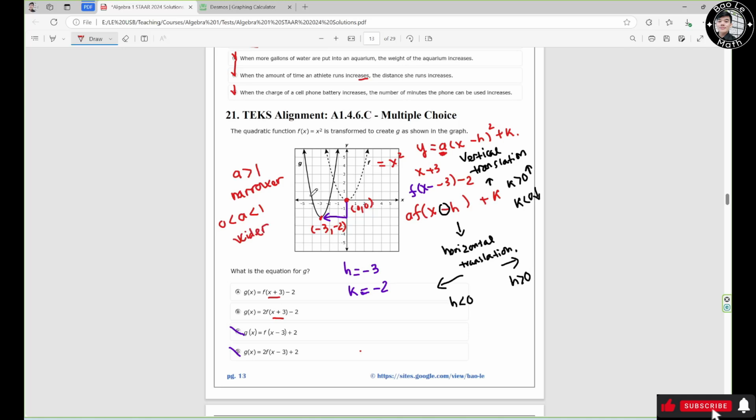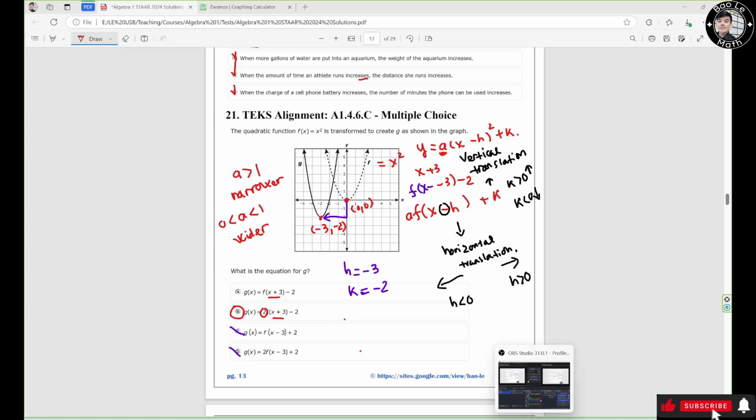Alright, so you look at the solid one right here. It's actually narrower than the original one, which means A is greater than 1. So A in this situation is 2. Alright, so the answer must be B. So there is a vertical dilation that makes the graph narrower. In this situation, this is called a vertical stretch dilation.